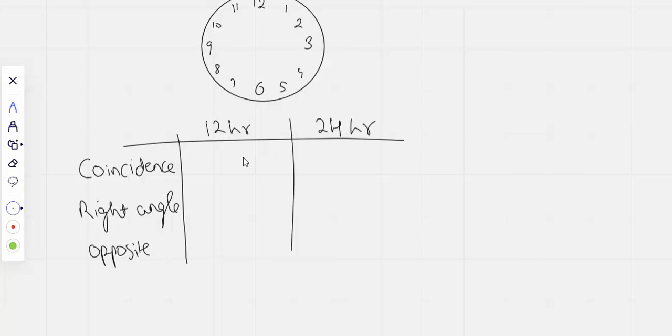If I take this hour hand and minute hand, let's say right now it's coinciding. If you rotate it, at multiple points of time, let's say right now it's 1 o'clock, the hour hand and minute hand will rotate and coincide at a particular time.